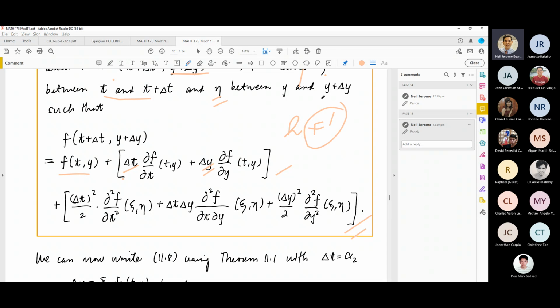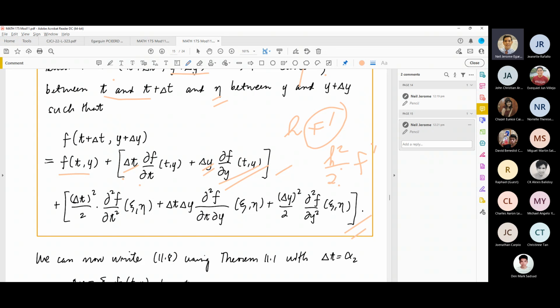Kasi instead of just an f prime dun sa one-dimensional Taylor's theorem, kailangan natin yung partial ni f with respect to the first variable and the partial of f with respect to the second variable. So yan yung first order term dun sa two-dimensional Taylor's theorem. Tapos remember, susunod dapat doon, h squared over 2 factorial, tapos second derivative ni f.